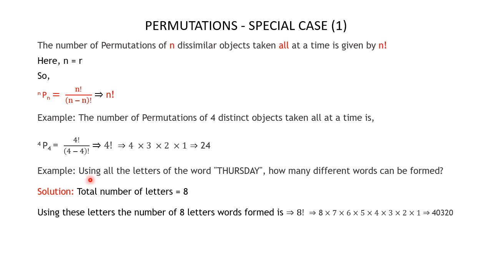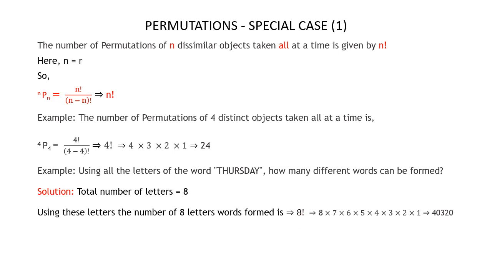Using all the letters of the word Thursday, how many different words can be formed? So there are 8 letters in the word Thursday. So the total number of letters is 8. Now, using all these 8 letters, the number of 8-letter words that can be formed is given by 8 factorial. That is 8P8, which is nothing but 8 factorial.